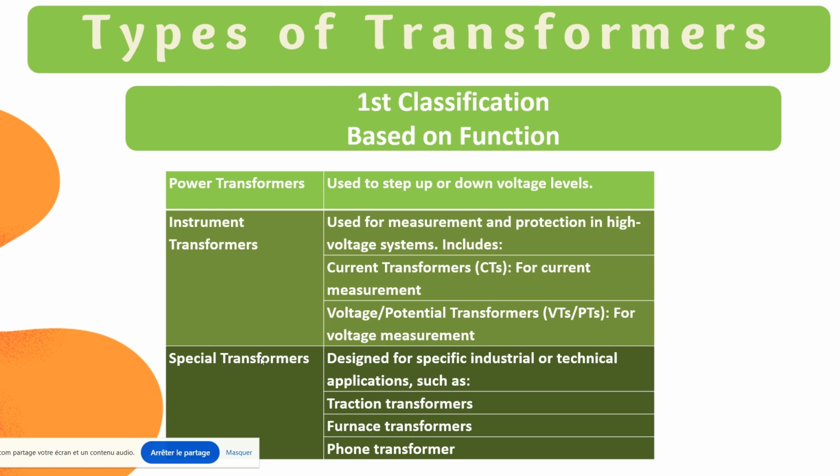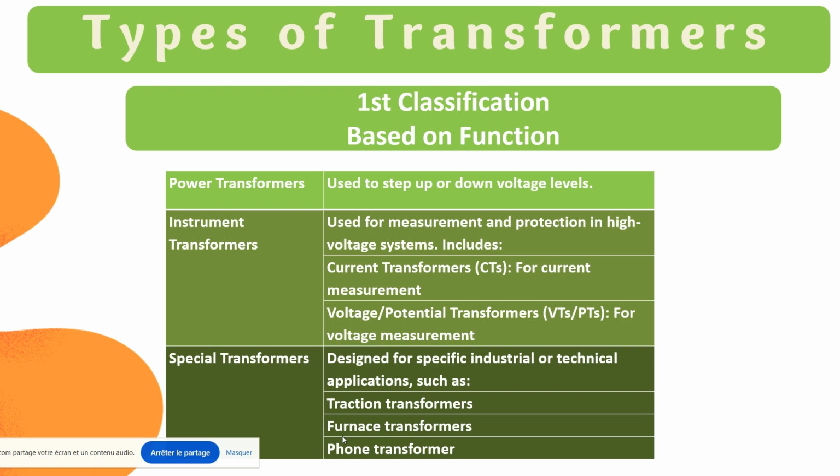For example, we have the traction transformers. If you remember as well, we discussed the electrical train. Okay, so it has a specific transformer that is specifically designed to fit the electrical train.